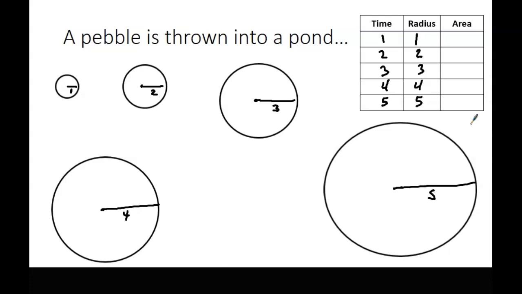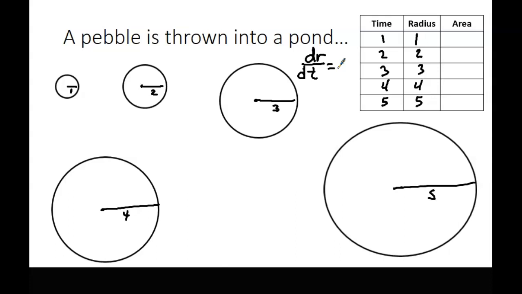Now, I'm going to ask you guys a question. What's dr dt? The rate of change of the radius with respect to time. In other words, how fast is the radius changing over time? It's 1.